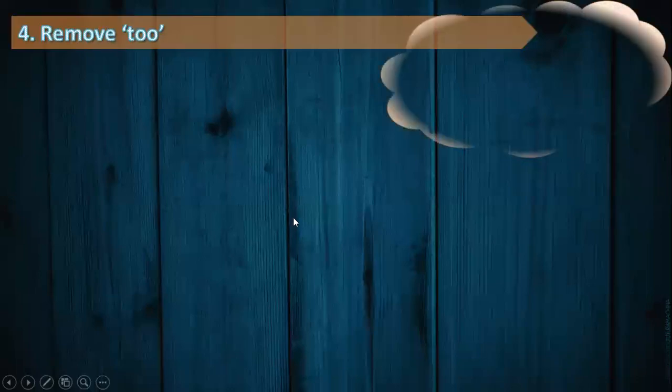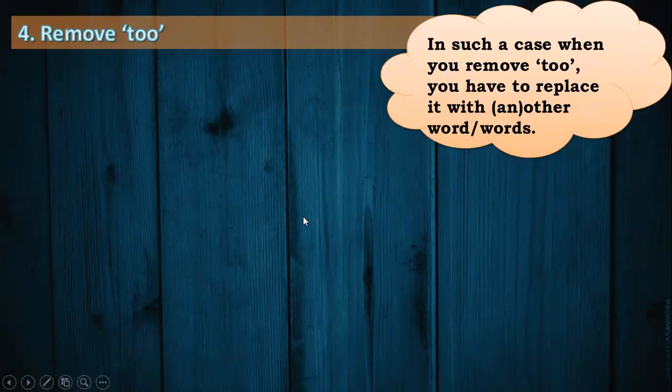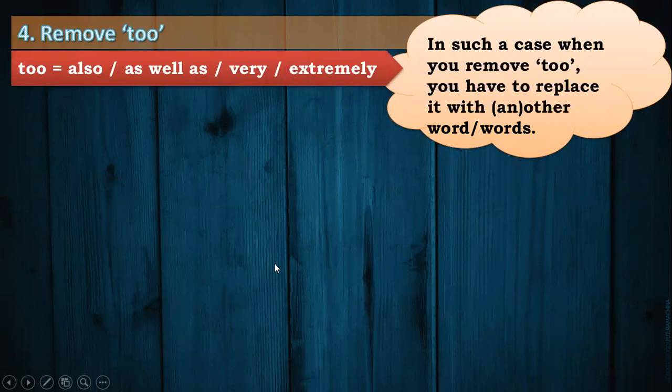So it's time to move ahead with the next one, that is removal of to. So how does removal of to work? In removal of to, we have two different styles. That is one, to can be replaced with also, as well as, very, or extremely.